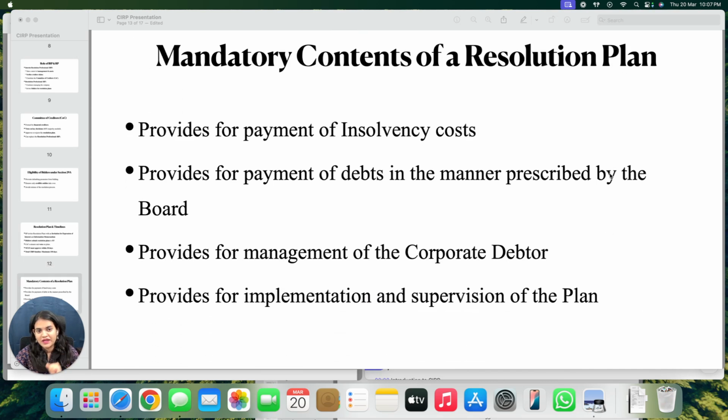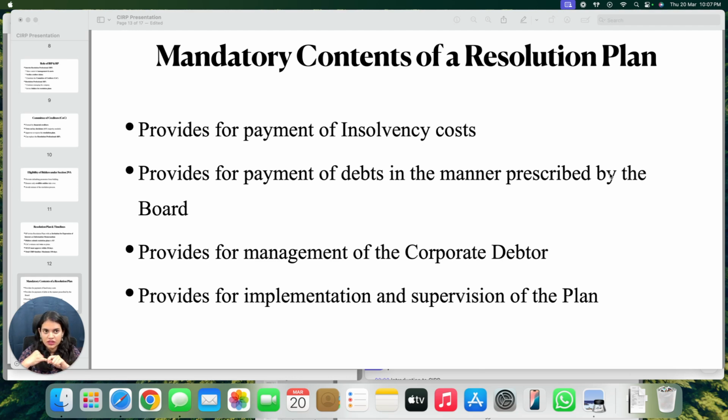So let us look at the mandatory contents of a resolution plan. A resolution plan must necessarily contain several aspects. Primarily, it has to cover the insolvency costs.